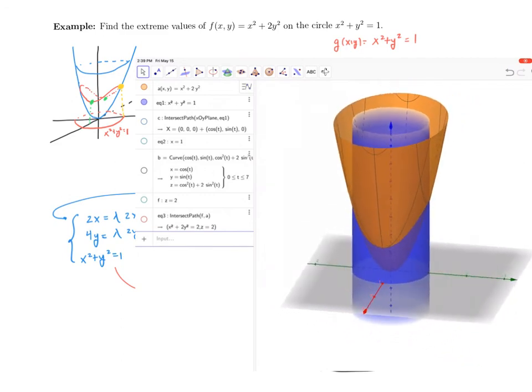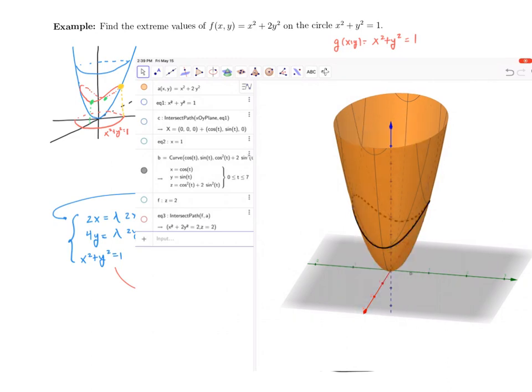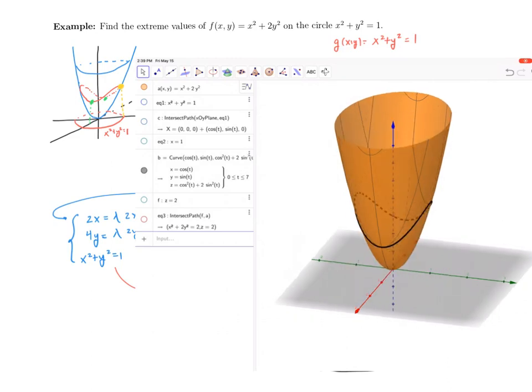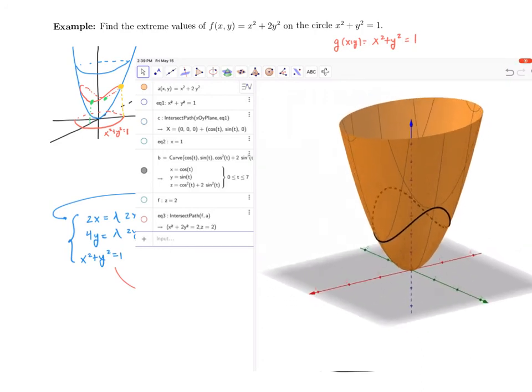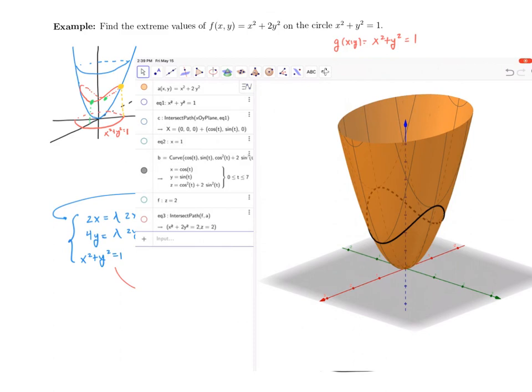And putting in that equation for the intersection, this curve in black, we can now hopefully more clearly see kind of this almost Pringle chip feature that we had drawn in previously. And we would like to know along this black curve, that is, we're on the surface, we're corresponding to inputs of the form x squared plus y squared equals 1, how big and how small will the function be?